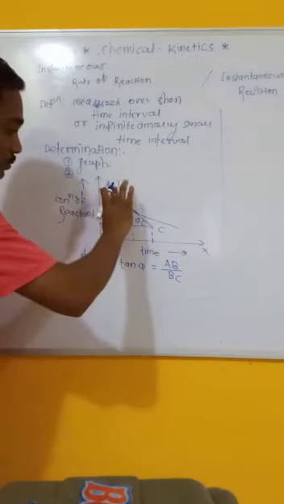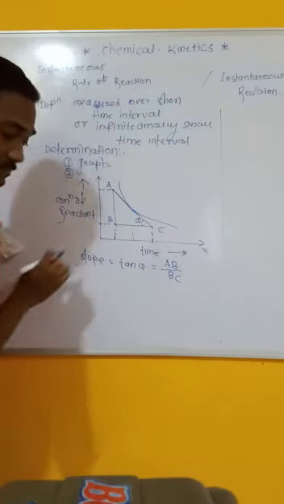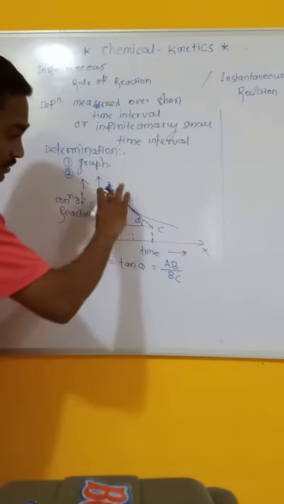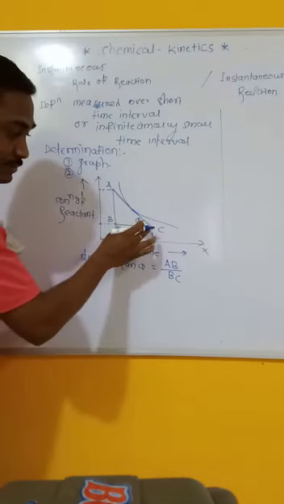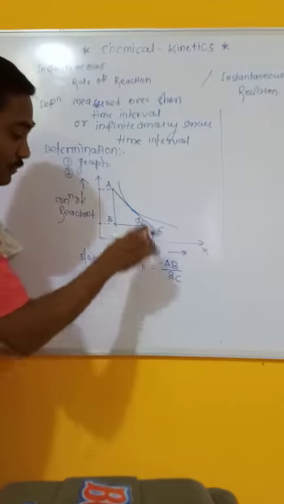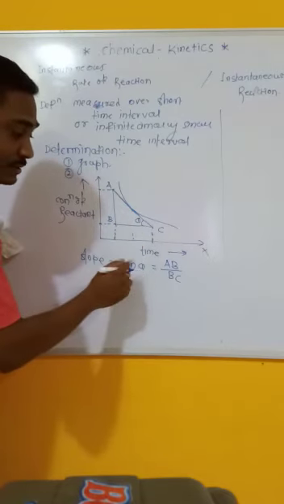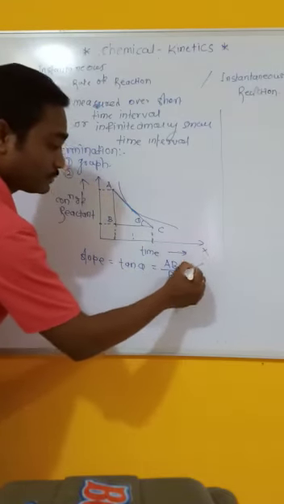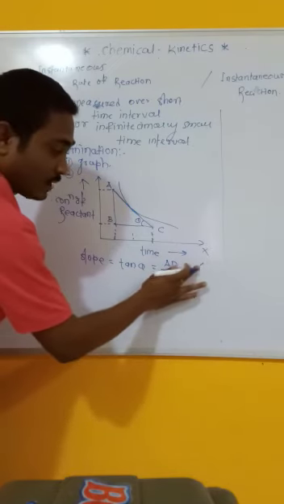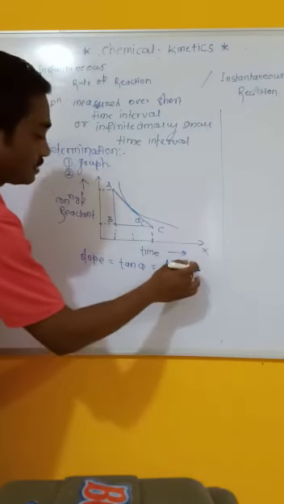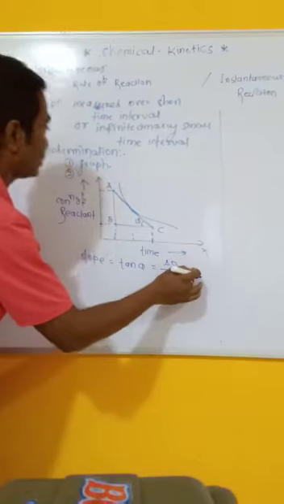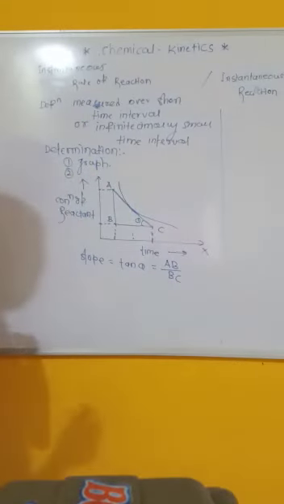This value gives the slope, that means tan theta, and this value gives the instantaneous rate of reaction.